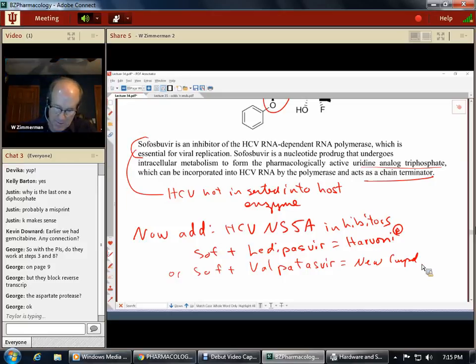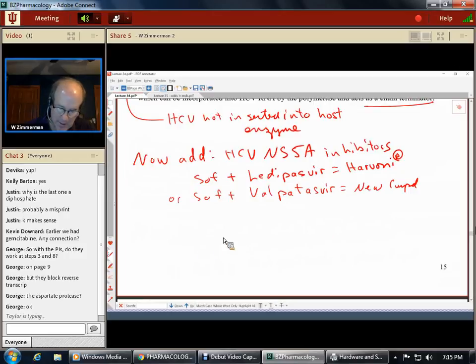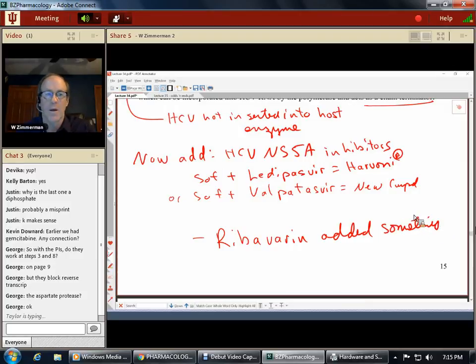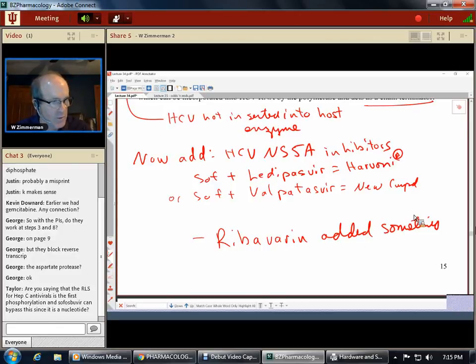So you've got these 2 combo tablets, and sometimes ribavirin is added. It depends on the strain. But we now pretty much expect to cure hepatitis C in a patient, so we don't wind up with all the chronic liver troubles.